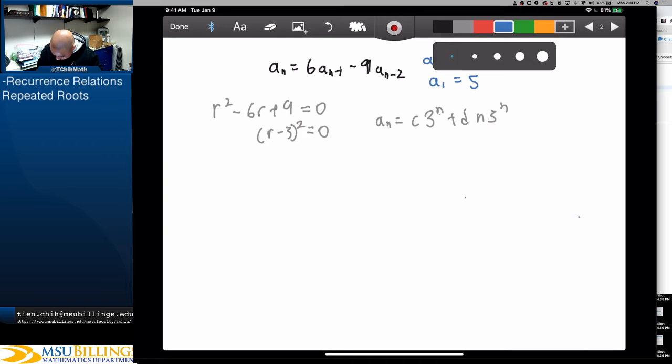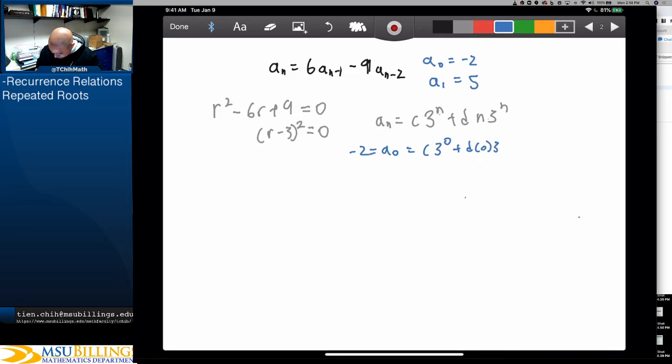So what we note is that a sub 0, which is negative 2, is also equal to c times 3 to the 0 plus d times 0 times 3 to the 0. So in this case, just c. And a sub 1, which is 5, is just c times 3 to the first plus d times 1 times 3 to the 1, or 3c plus 3d.